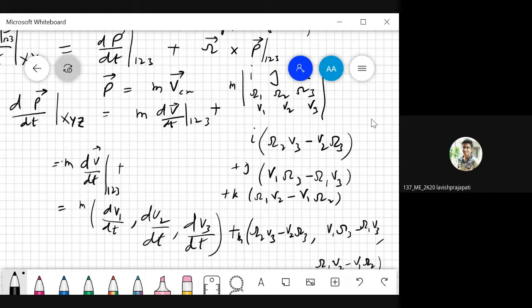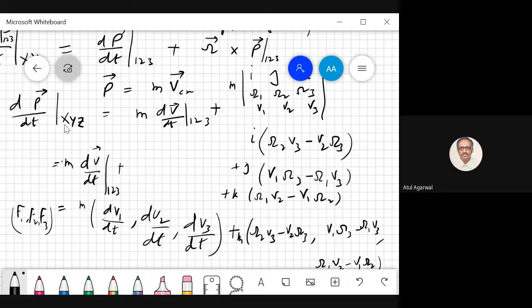Yes sir, fine. Okay. Now what is this term on the left hand side? So this is my f1, f2, f3. The time derivative of momentum with respect to the fixed coordinate system, with force only.